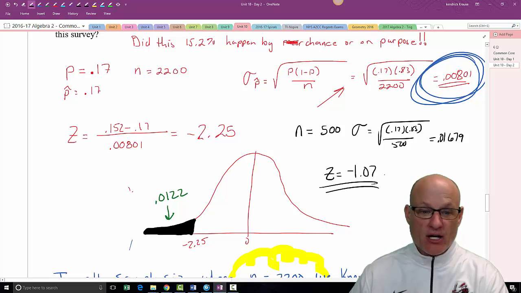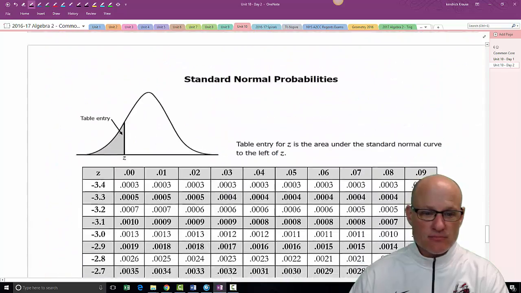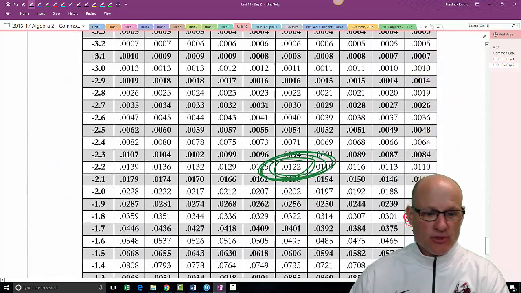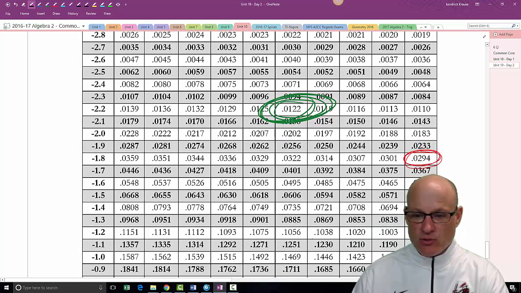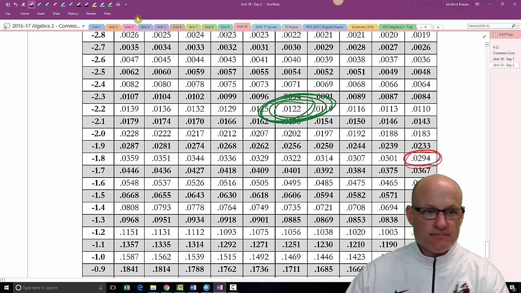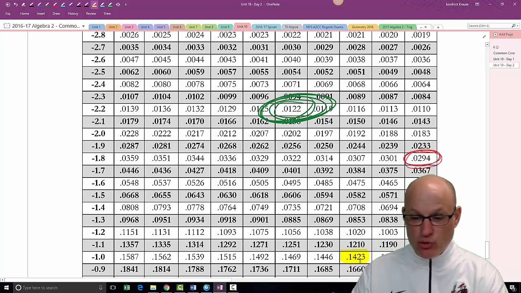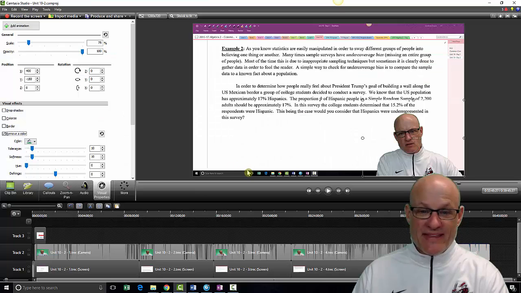So now I'm going to look that up. 1.07. Let's see, this is 987. There it is, 1.07, 14.23. So what would that tell us?